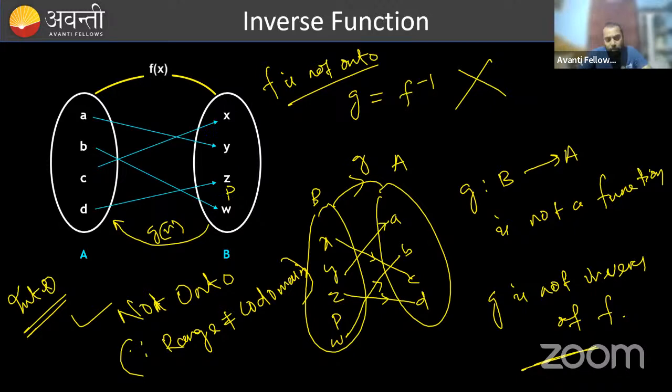So P is the element present in the second set B in f of x, which has no pre-image in set A. This is not onto. So if you take G as the inverse of F, then G is not a function here. If G of x is not a function, how can it be the inverse of a function?